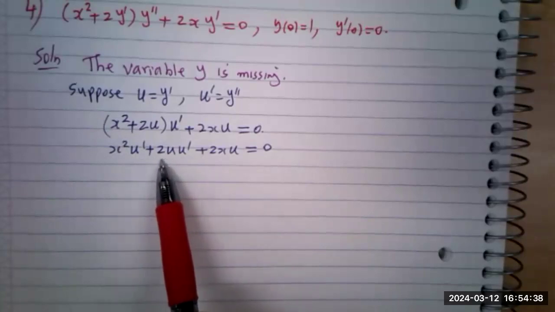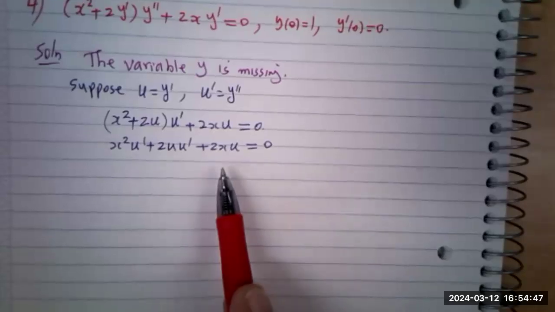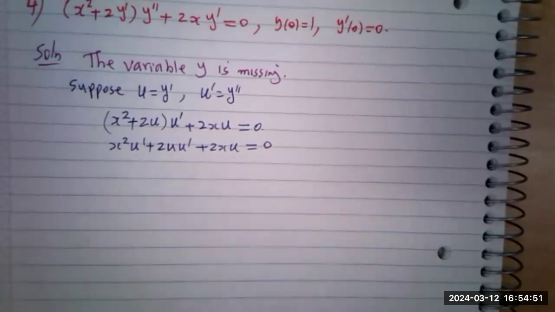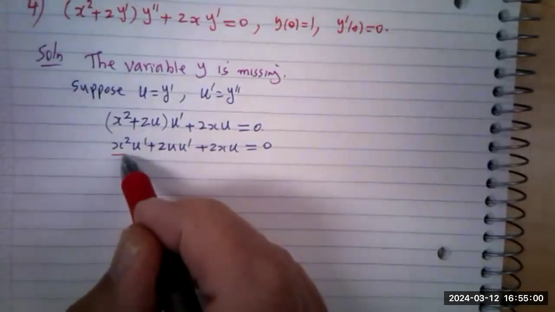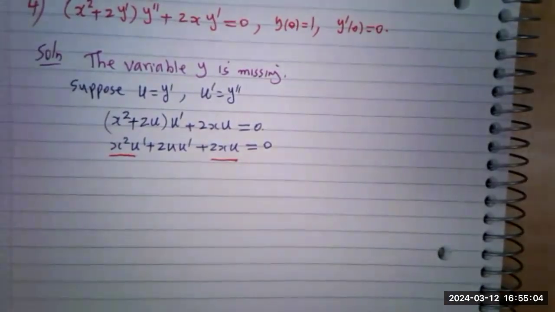So it's not the type where you can pull out the u prime and do the linear one, because it's 2xu that you have. But just think about separable variables, a nice one. For the separable variable, look at these two. It's the derivative of the other. The derivative of what?